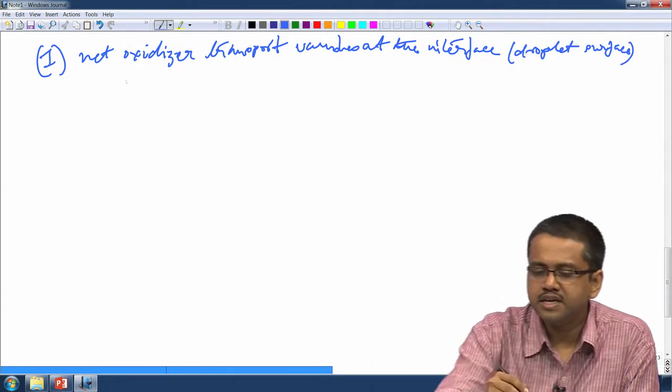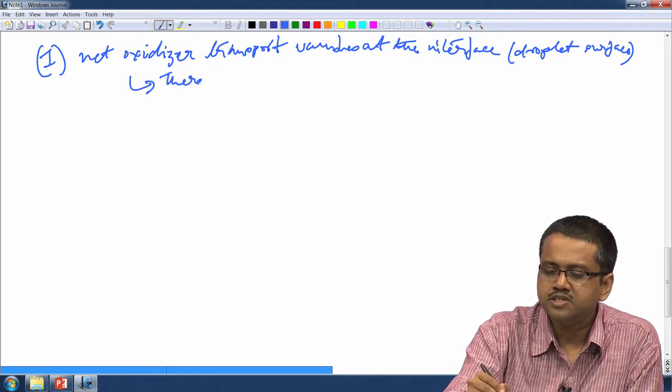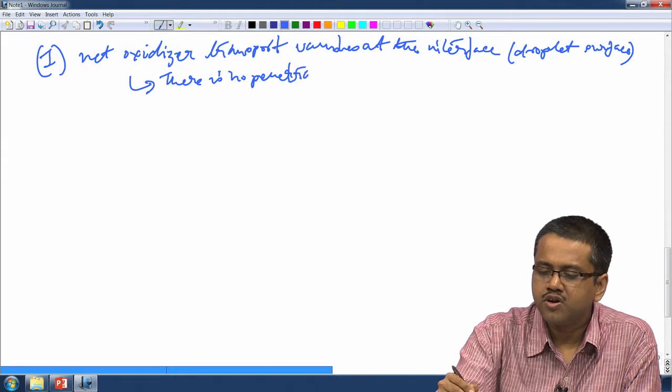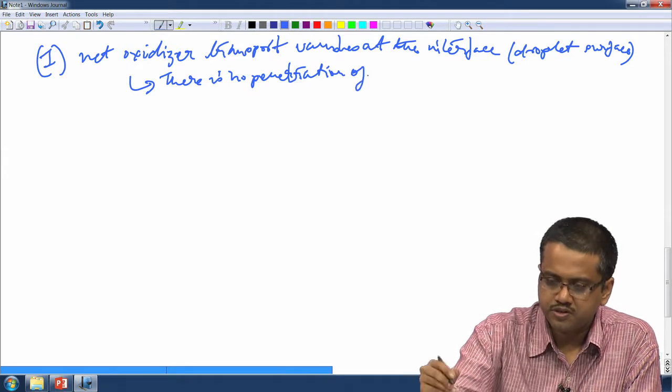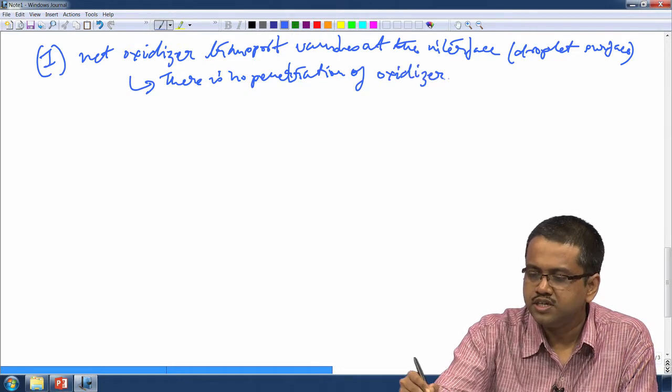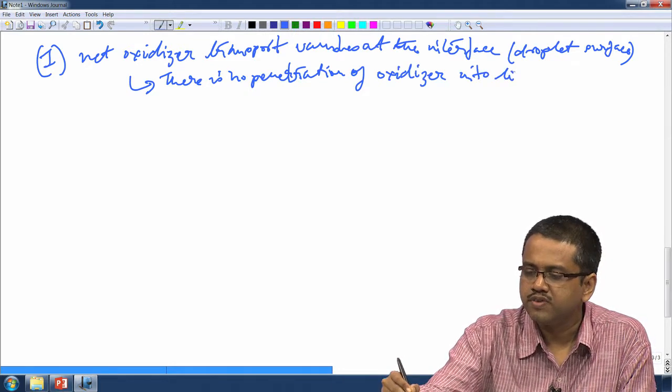There is no penetration of oxidizer into the liquid phase.